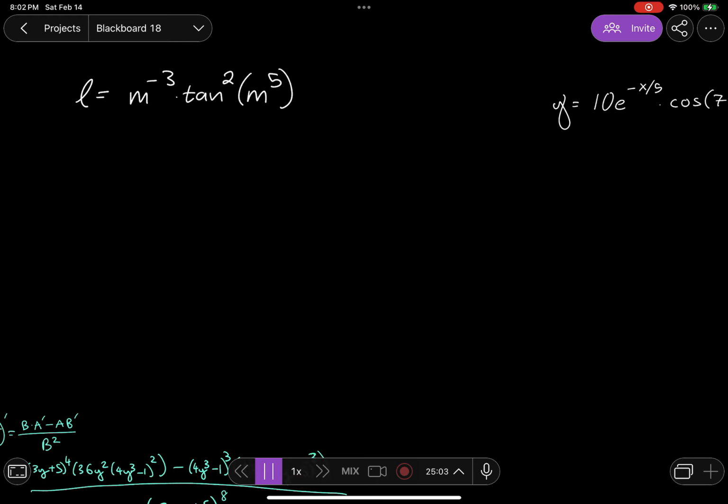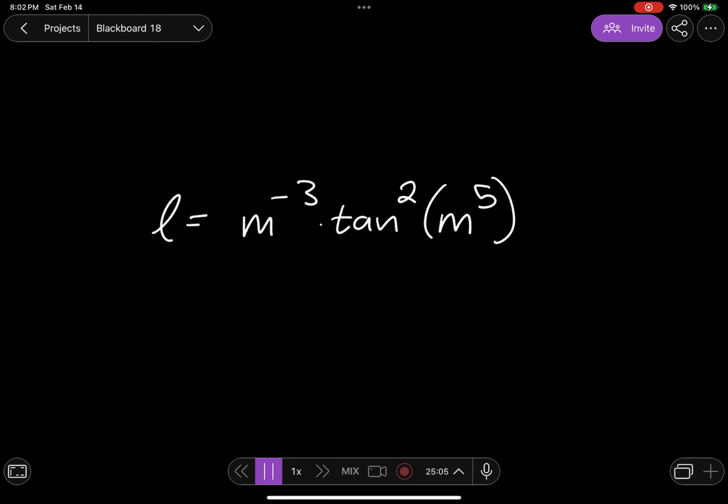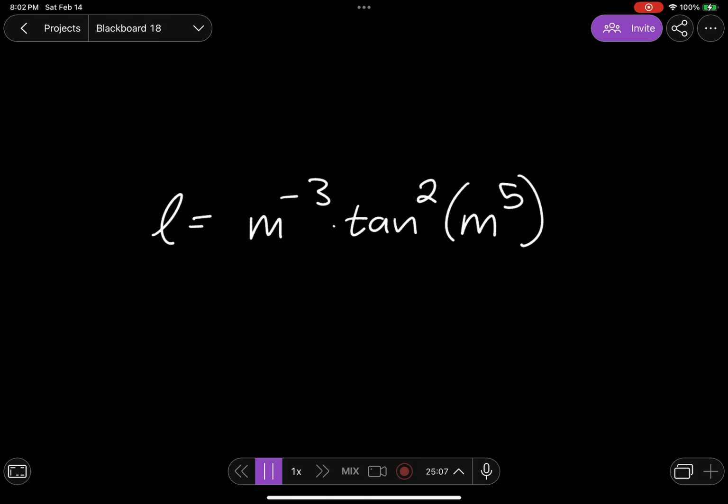Okay, let's keep going. All right, so we got chain rule, we got product rule, and we have derivative of a tangent here. Okay, so there's a few things I can do. It looks like we're kind of hinting at using the power rule for the integers. So let's do that.